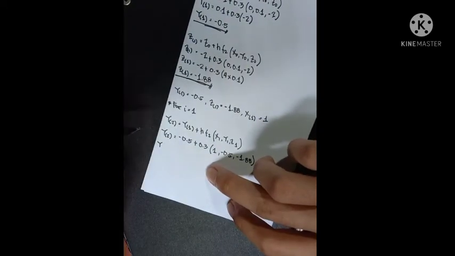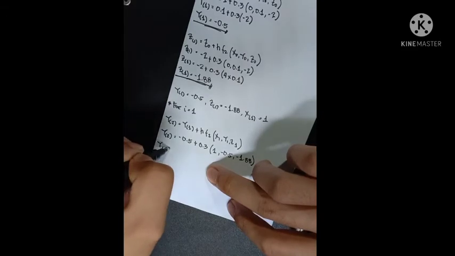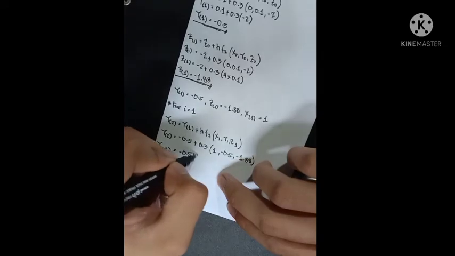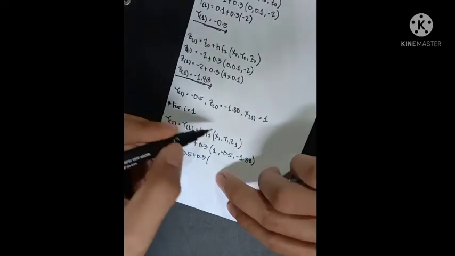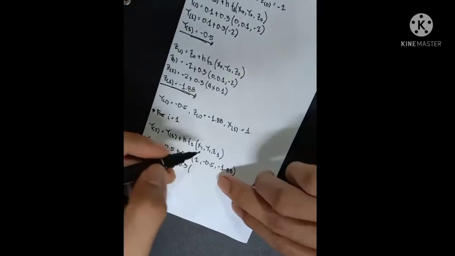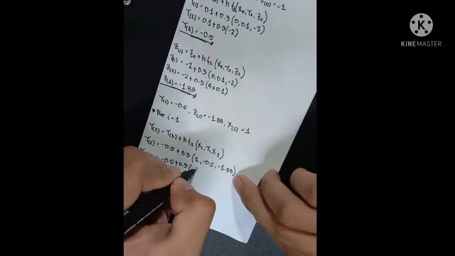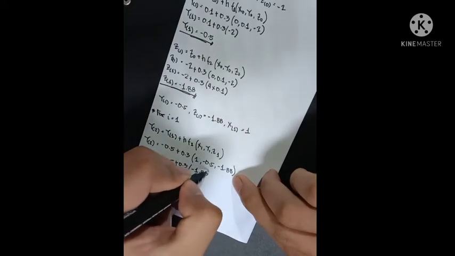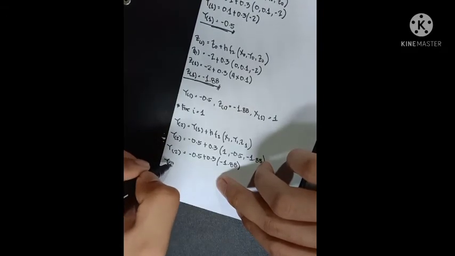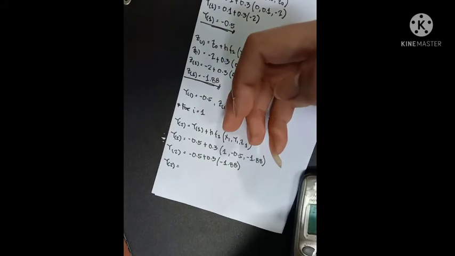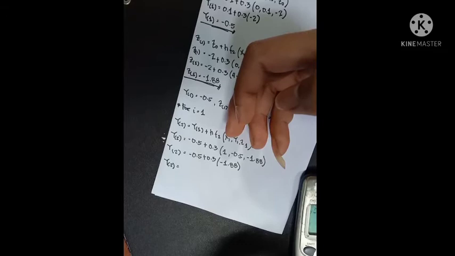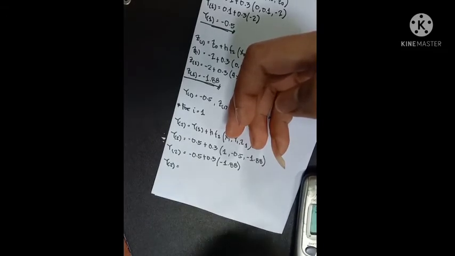So for our y2, it is equal to negative 0.5 plus 0.3 times the function 1, which is equal to z. So our z is negative 1.88. So our y2 is negative 0.5 plus 0.3 times negative 1.88.